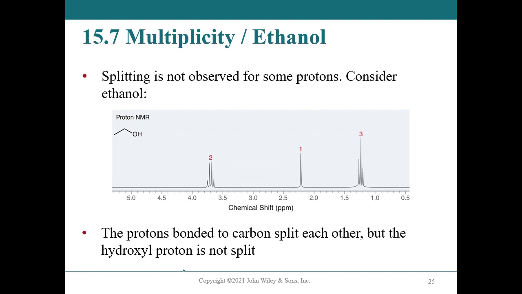One more point, and you've seen this if you did organic 1 here, some hydrogens don't get involved in splitting, specifically hydrogens that are on very electronegative atoms. So alcohols and amines, we often do not see splitting with those, and we can see that here: the OH peak is a singlet, and our methylene is a quartet, 3 neighbors and not the 4th one there.